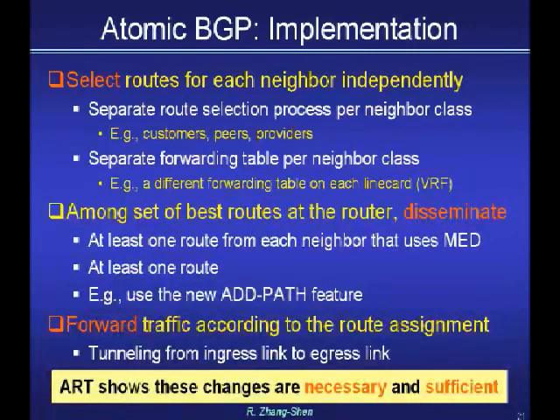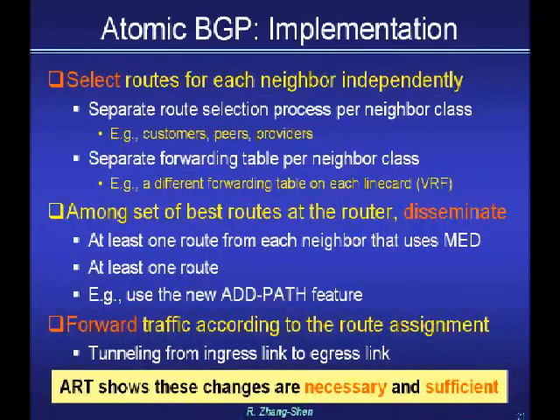And the atomic routing theory shows that these three changes are necessary and sufficient. Necessary means if you do anything less, then you may not realize all the policies that you want to, or you may have to pay the price of having extra routers. And sufficient means we prove that as long as you do this, you can realize all your policies today.